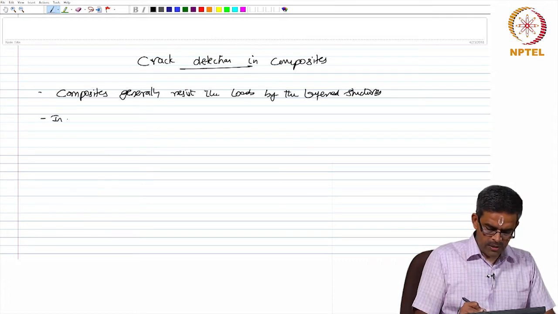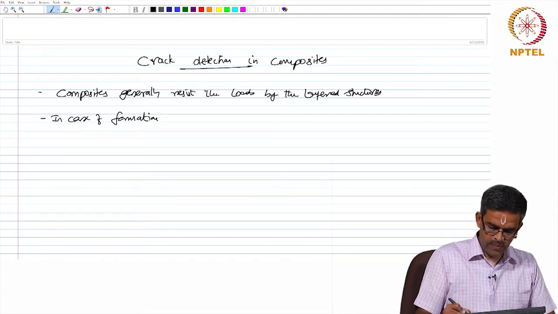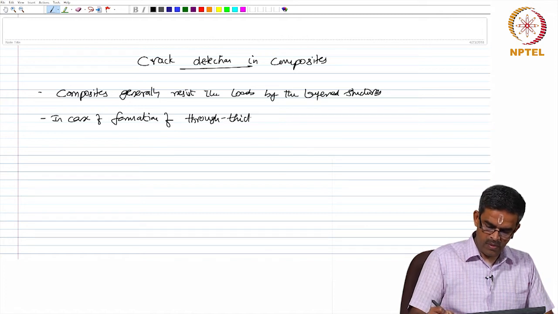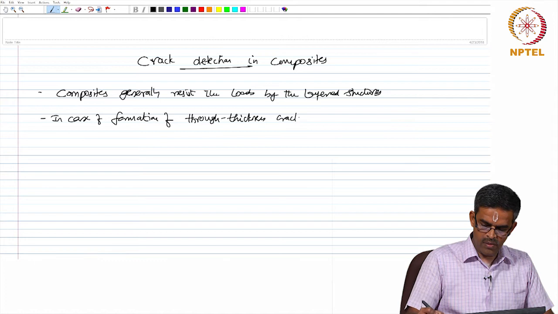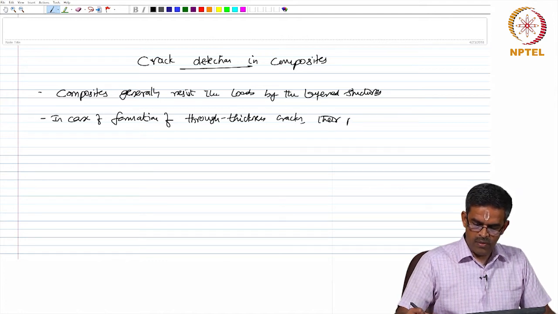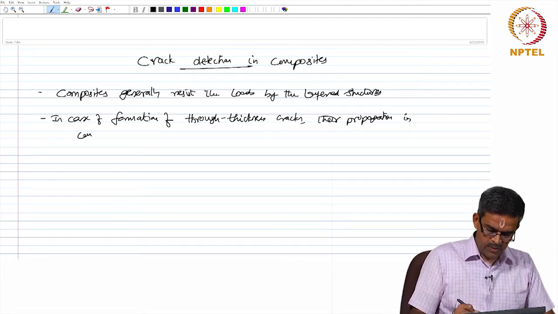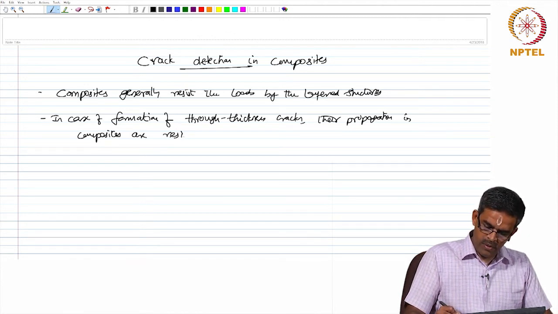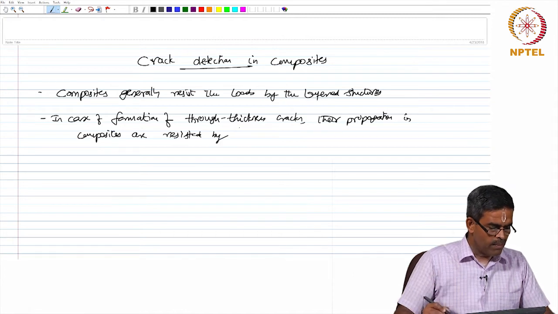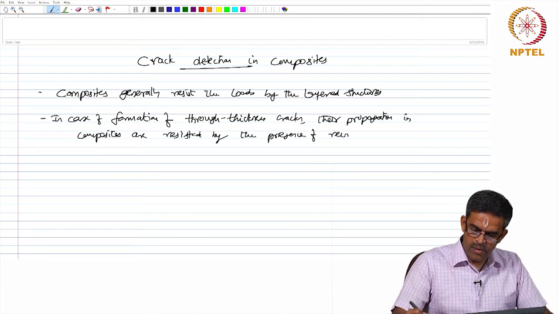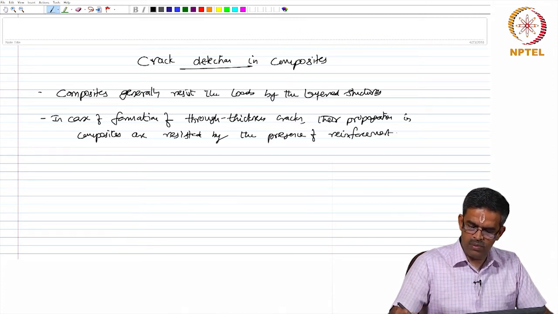In case of formation of through thickness cracks, their propagation in composites are resisted by the presence of reinforcement fibers.